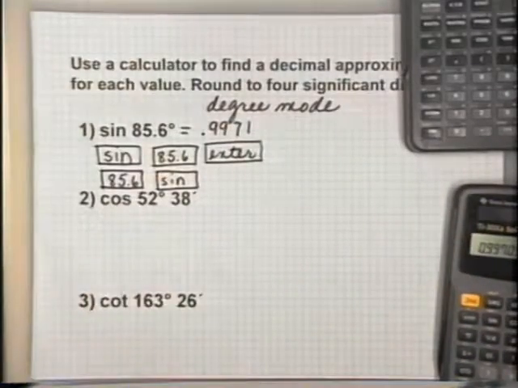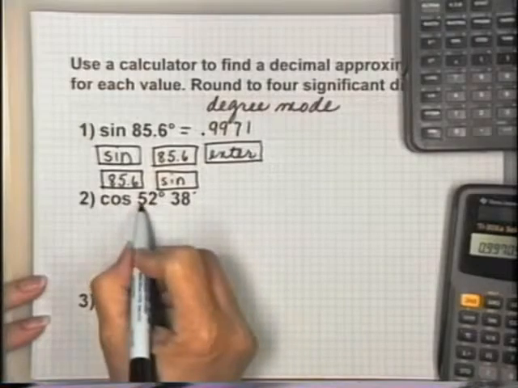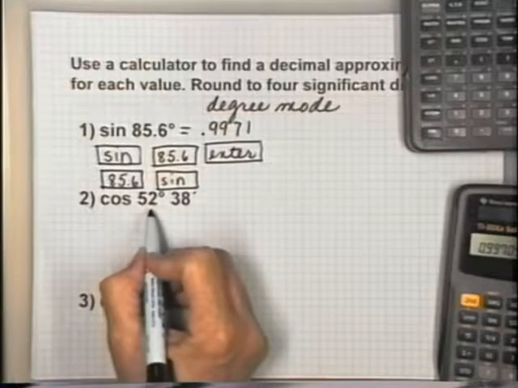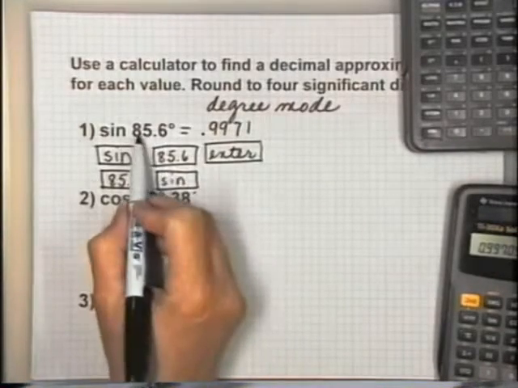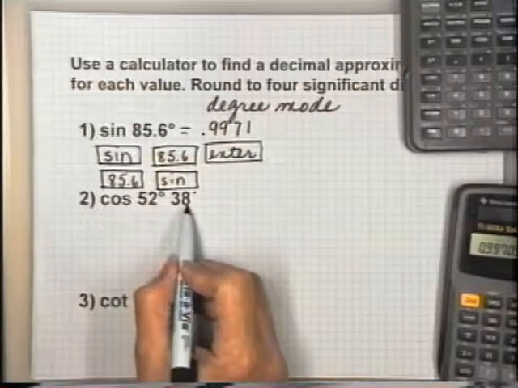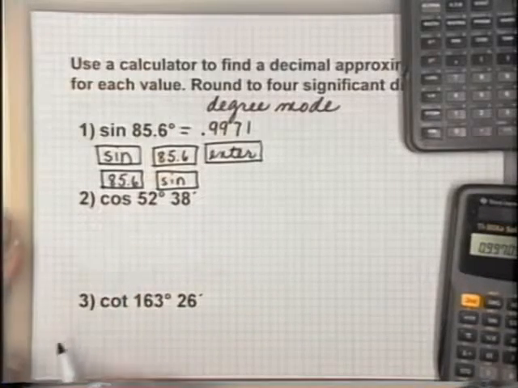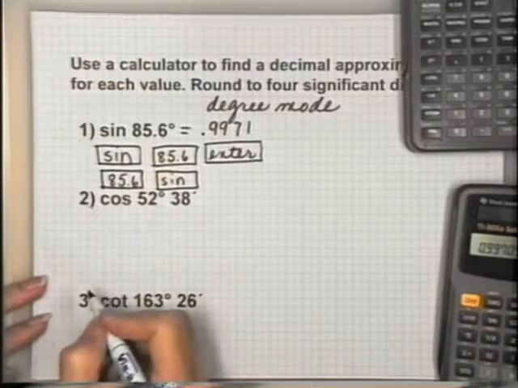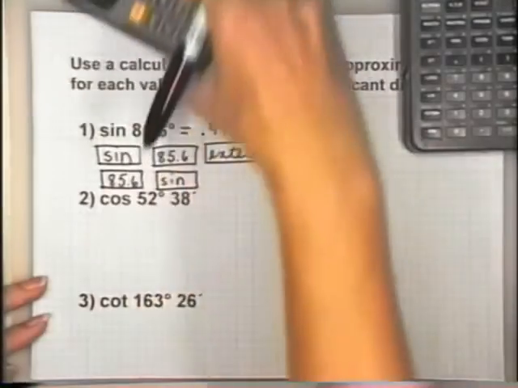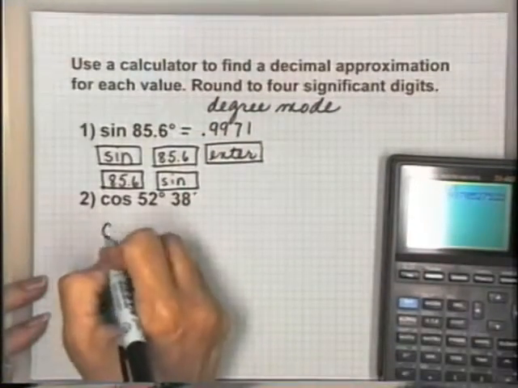Now, on the second problem, the cosine of 52 degrees 38 minutes, the problem is that our calculator wants that angle in decimal degrees, and this is in degrees and minutes, so we'll have to convert degrees and minutes to decimal degrees, but we'll do that as we go. Let's work with the graphing calculator first.